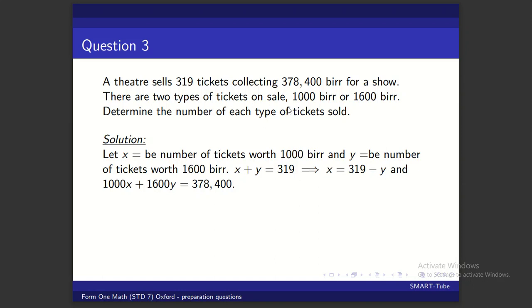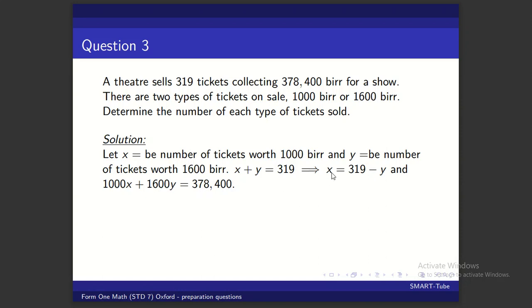And from the second condition, it says there were two types of tickets on sale, one worth 1,000 and the other worth 1,600. That means 1,000 times the number of tickets plus 1,600 times the number of tickets here gives me this much money.